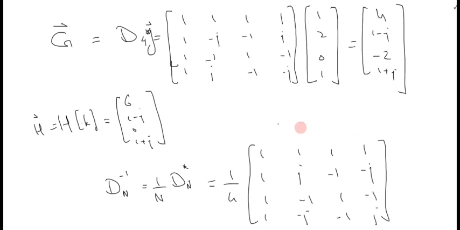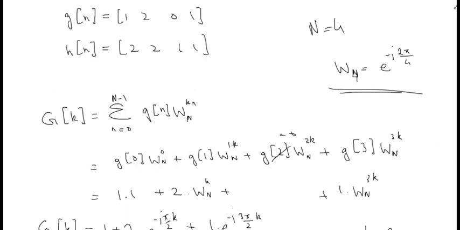So if you multiply this matrix with this vector, you will get your original signal h of n.